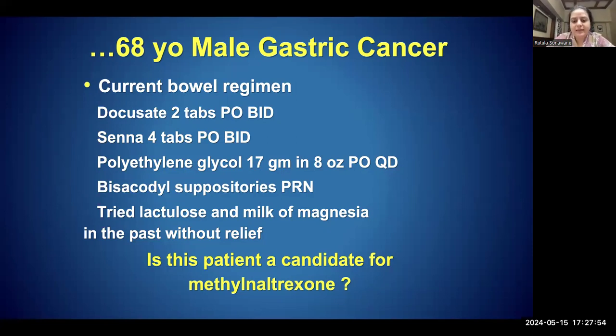Because if methylnaltrexone was available, then it would have been very easy. You give that along with morphine, peripheral effects won't occur. So he will be pain free and side effects free. But let's say as it is not available, anything else that can be done to overcome this?